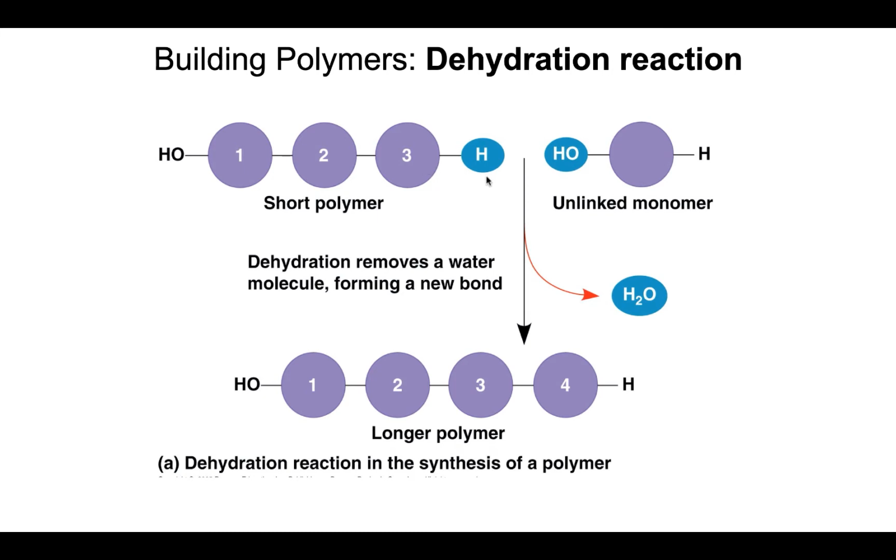And the way that works is we lose an H from the polymer, we lose an OH from the monomer. That comes out as H2O, dehydration, losing water, right? That's what that means. And then we end up with our covalent bond with the new monomer added. So dehydration reactions are the reactions necessary to create polymers, to add monomers over and over again.